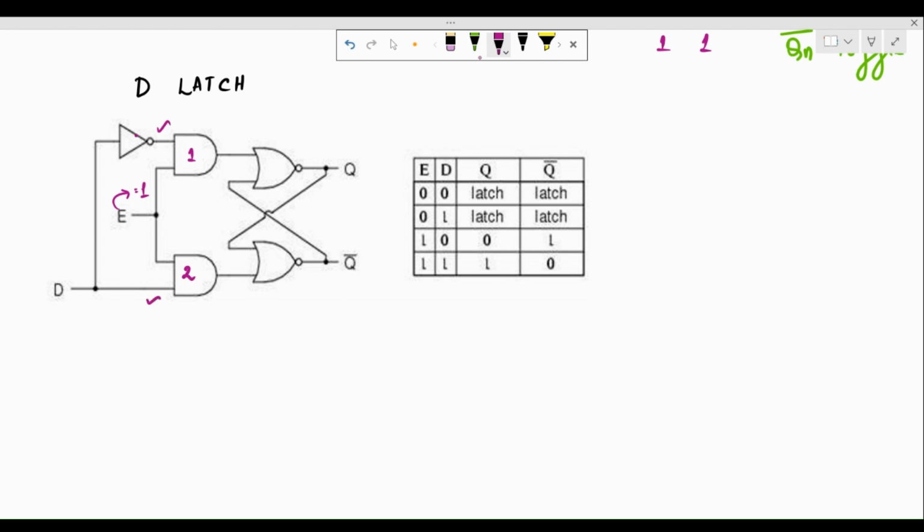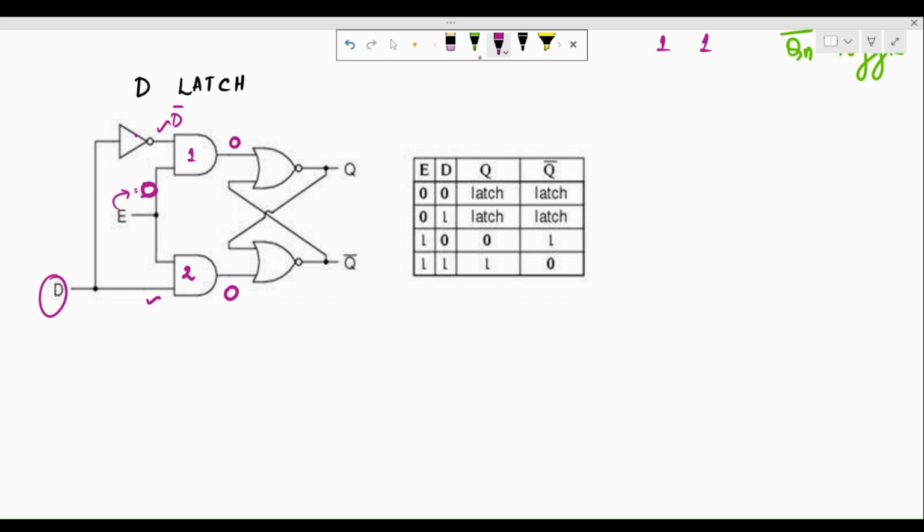Now, if you observe, this is the D input, and it is fed to one of the AND gates directly and to the other one in the complemented form. So this is D bar, right? Now, looking at this characteristic table of the D latch, when the enable is 0 and D is also 0, what we get here is, when enable is 0, no matter what the other input is, this is going to be 0.